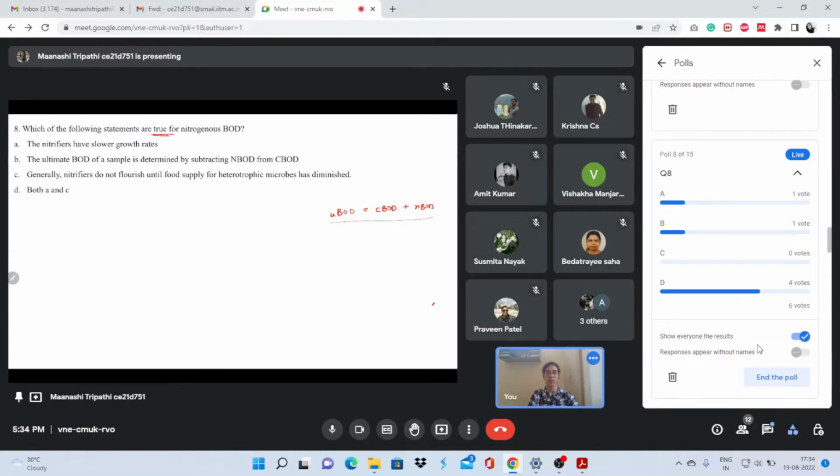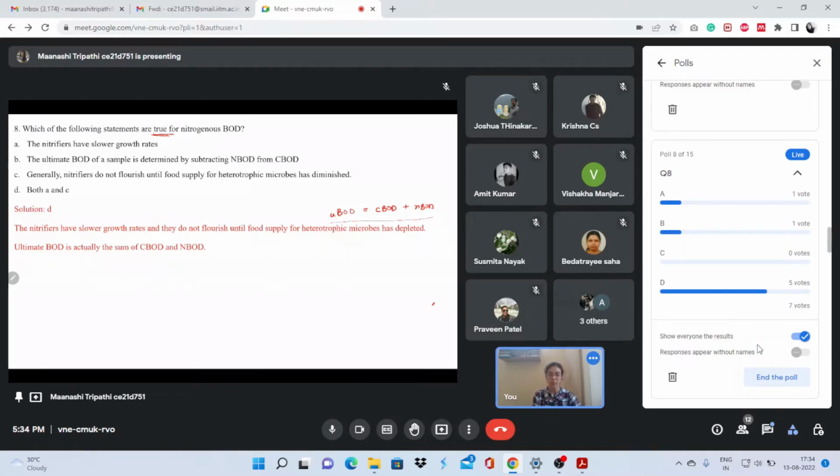Others? I think we are 10 and only 6 votes. What about the rest, 4 people? Okay, we'll see the result now. So the solution is D, which means 4 out of 6 people are correct.